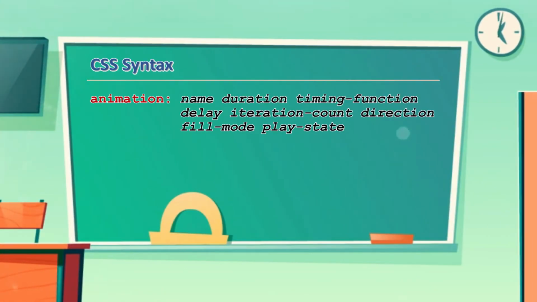The CSS syntax of the CSS animation is property animation, and the values are name, duration, timing function, delay, iteration count, direction, fill mode, and play state.